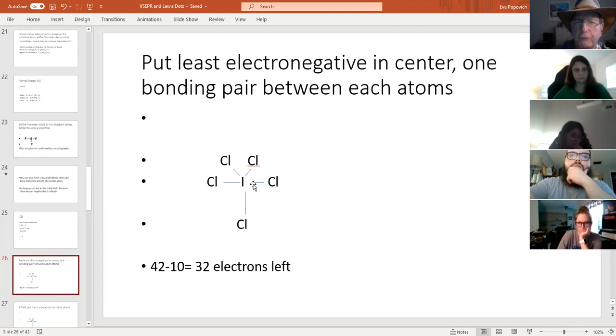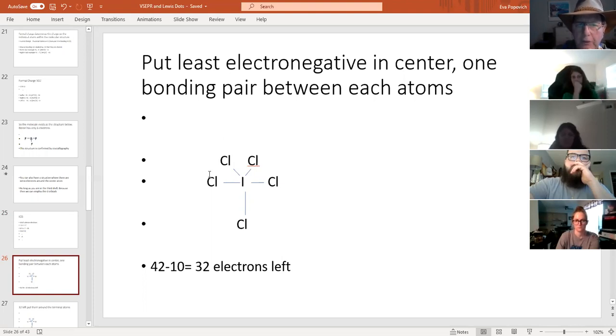And each one of them has 2 electrons so that I have 5 bonds. I started off with 42. I just used up 10. I've got 32 left. I put them around the terminal chlorines. 2, 4, 6, 8, 10, 12, 14, 16, 18, 20, 22, 24, 26, 28, 30.